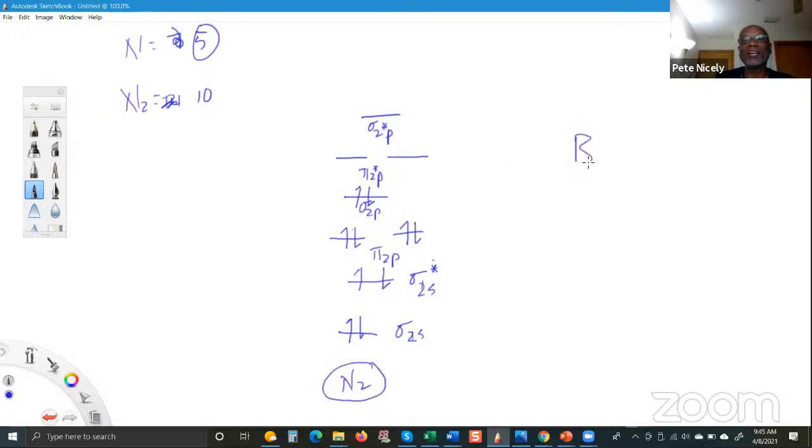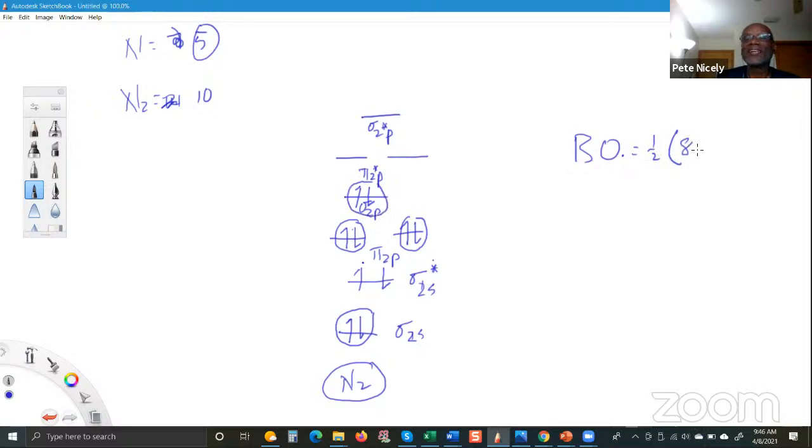Now, to calculate the bond order in this structure, that would be half the number of bonding electrons. So let's look at the total number of bonding electrons. We have 2, 4, 6, and 8. Oh, actually, no, 2, 4, 6, all right? Oh, and 8 up here, I'm sorry. We have 8 bonding electrons here.